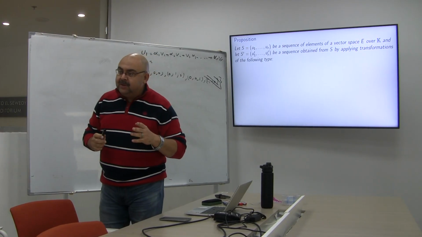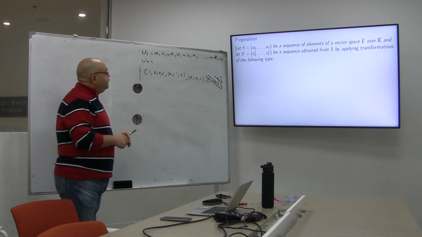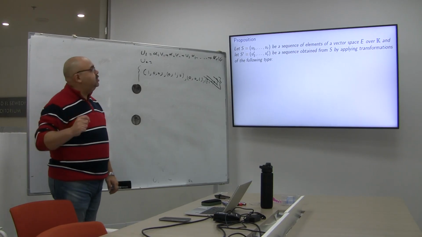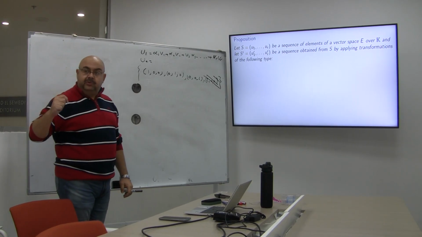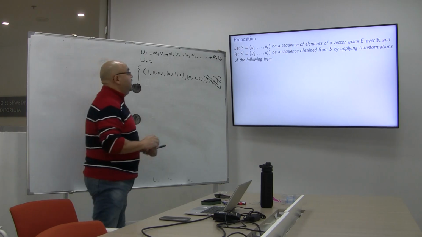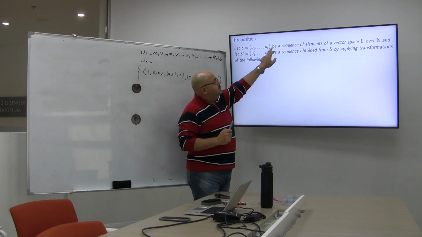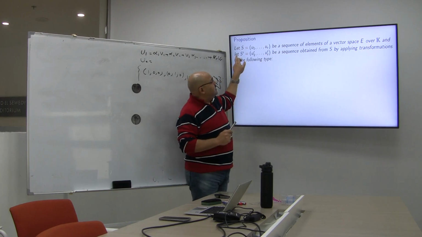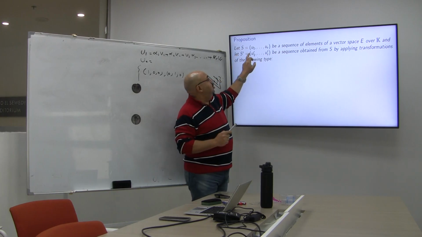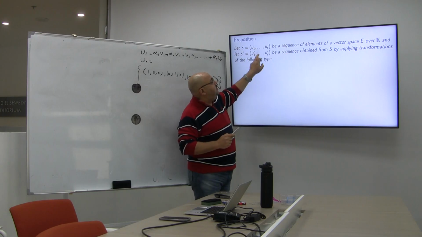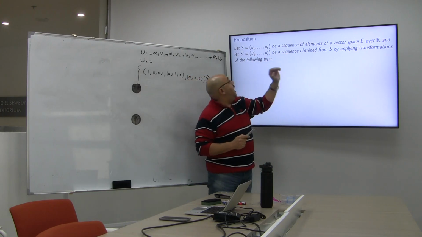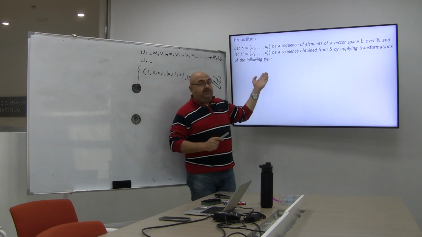Okay, for this slide, if I have S, which is vector 1, vector 2, up to vector R, be a sequence of elements of vector space E over A, and the S dash, which is U1 dash, U2 dash, U3 dash, up to UR dash, be a sequence obtained from S by applying transformations of the following type.